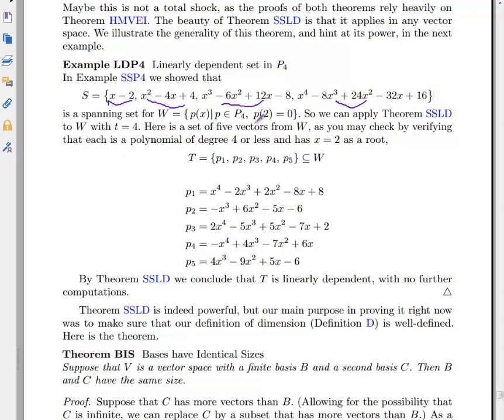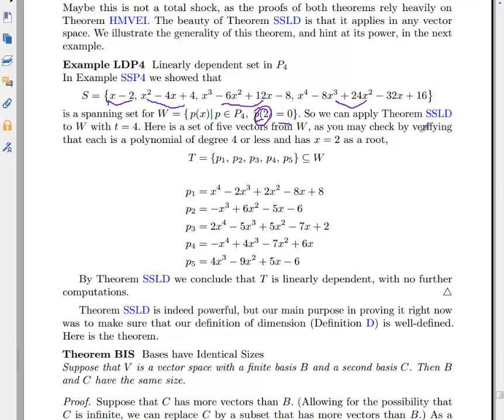Now, by the way, we know that there's a basis of 5 polynomials in P4: 1, x, x squared, x cubed, and x to the 4th. So this has only 4 vectors in it. We showed that this is a spanning set for all polynomials that have 2 as a root.